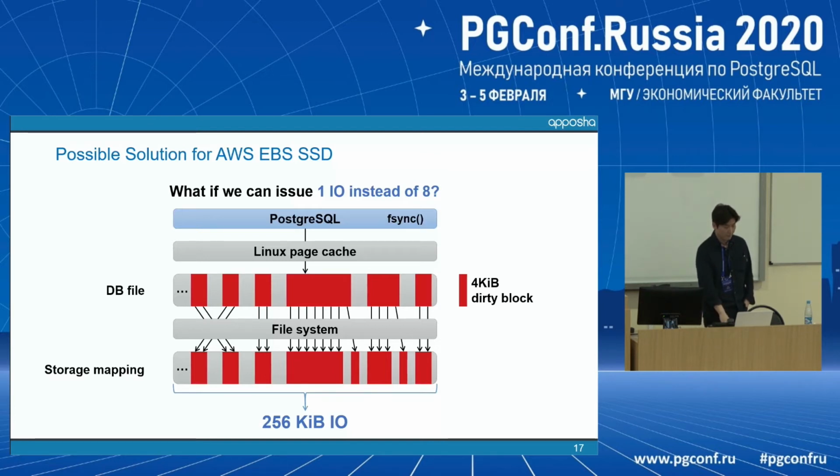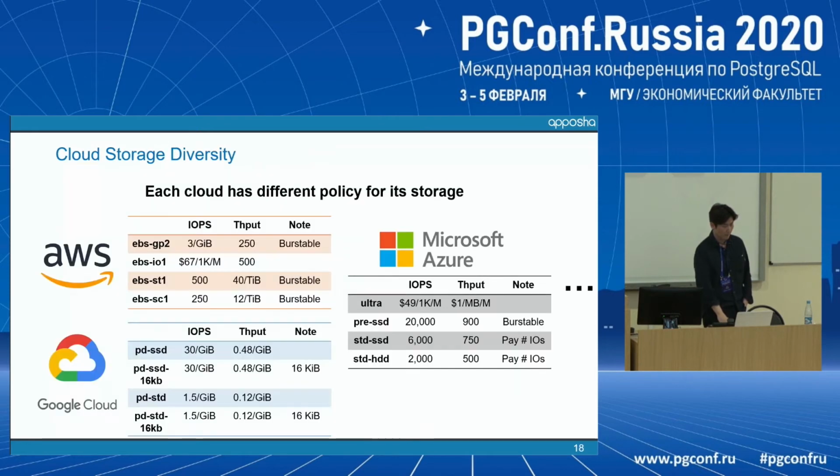But the bad news is that even if we can somehow make the I/O unit bigger, it only works on the AWS EBS type, because there are many vendors, right?